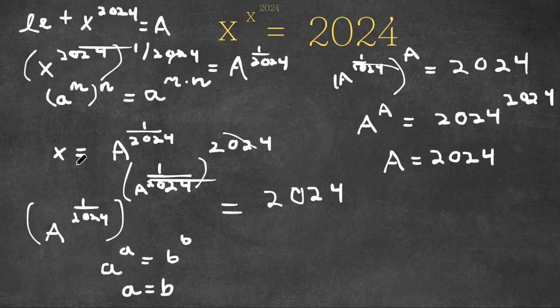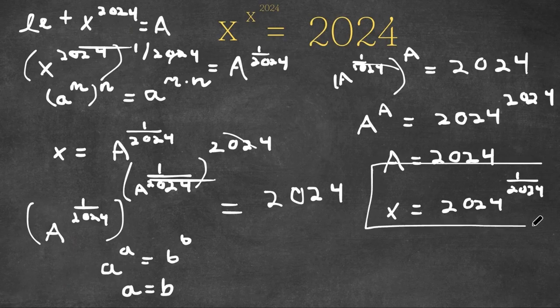So as we know, x is equal to, or sorry, a to the power of 1 over 2024. So this means that because we already have our value for a, x is equal to 2024 to the power of 1 over 2024. So this is our answer.